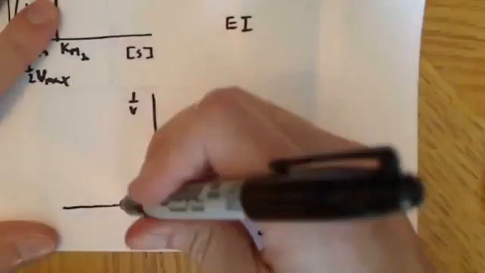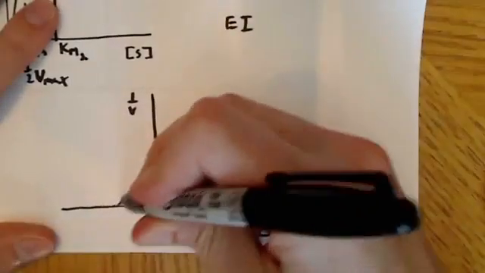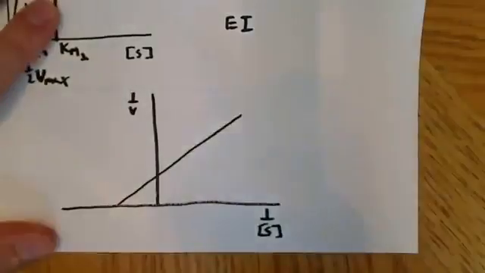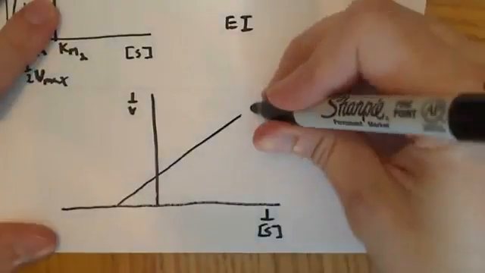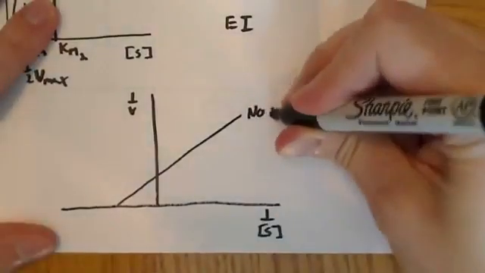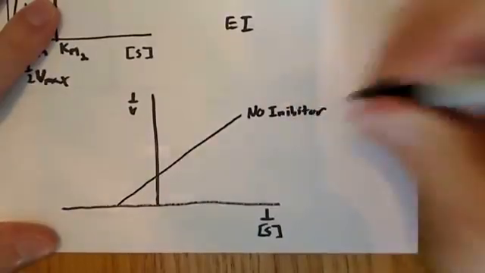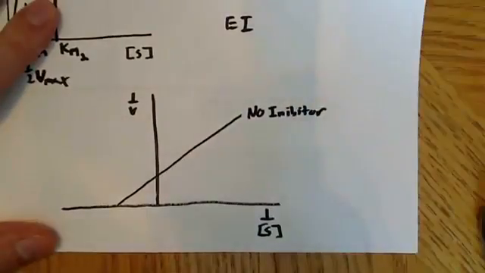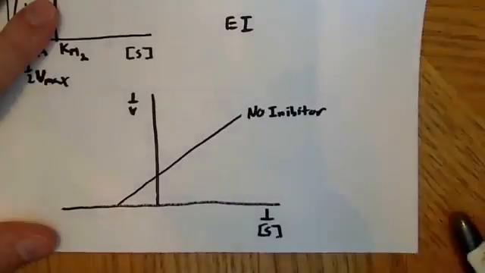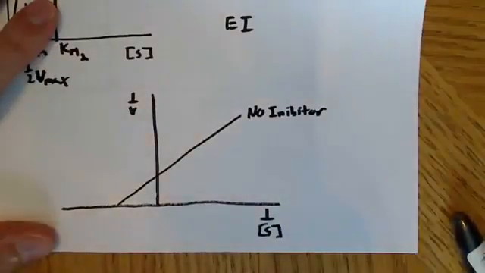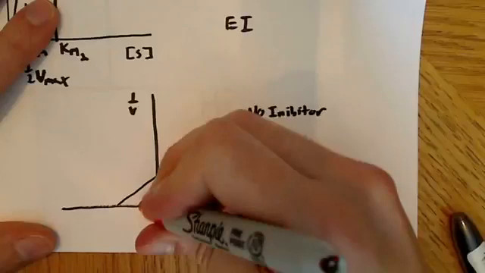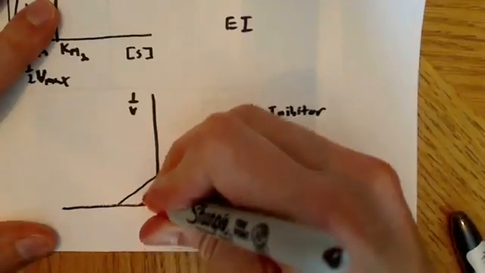So what ends up happening here is I have this here. I'm just going to draw a rough estimate, and I'm going to call this no inhibitor. So if I was going to then draw the new version with the inhibitor, I would draw something like this.